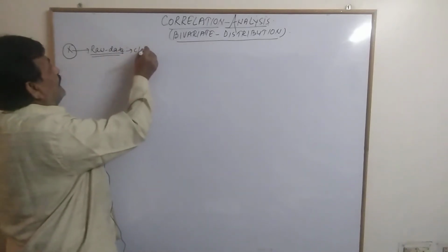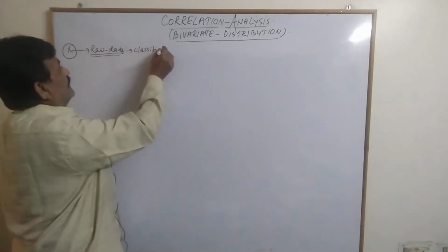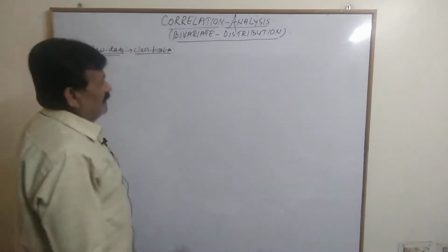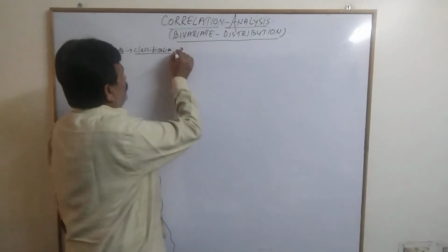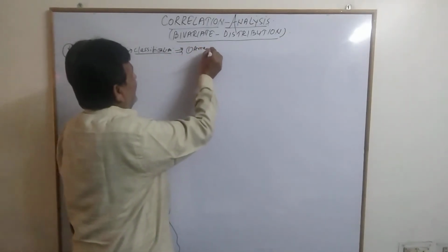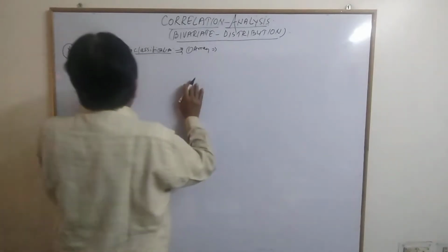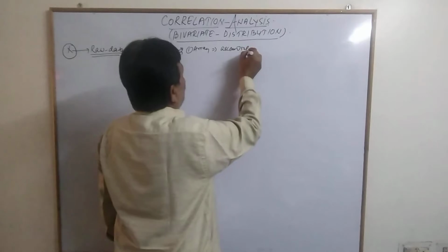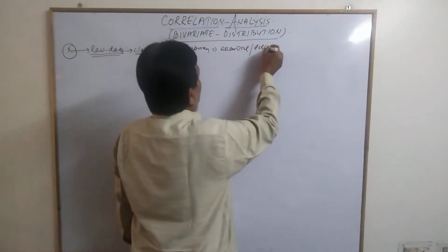So when we collect the raw data at the very first stage, we classify the data. While classifying the data, what is supposed to be done? First of all, we make an array, an arrangement of raw data in either ascending or descending order.